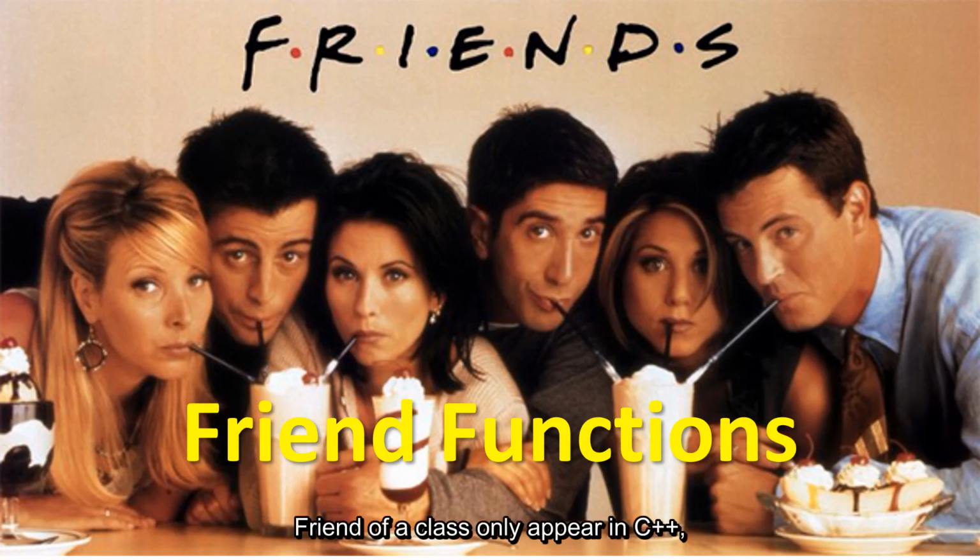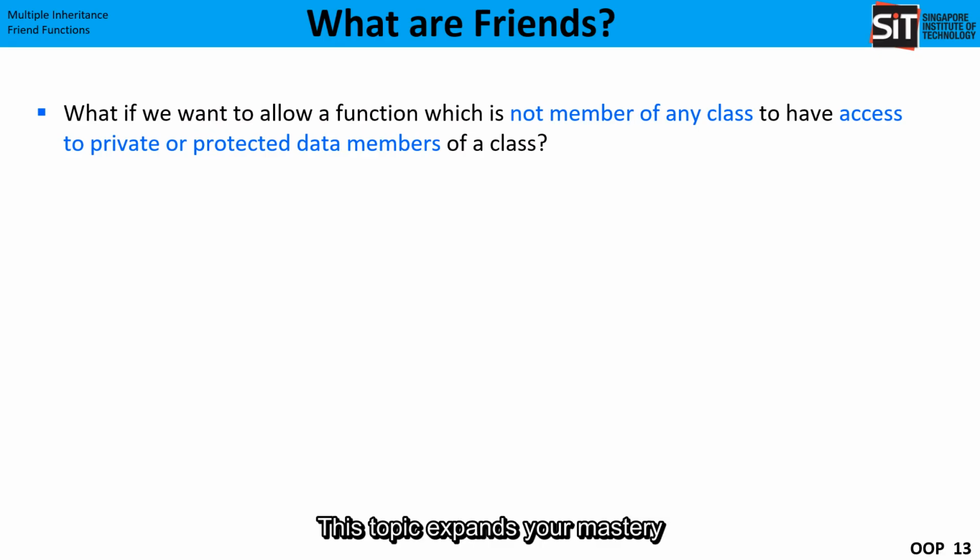Friend of a class only appears in C++, not in Java, and also not in Python. This topic expands your mastery of object-oriented programming in C++ by familiarizing you with friend functions and overloaded operator functions.